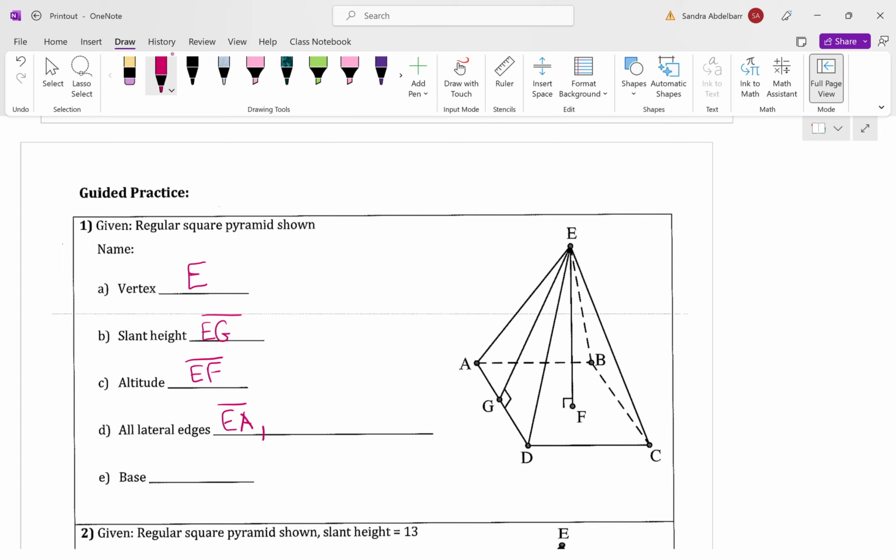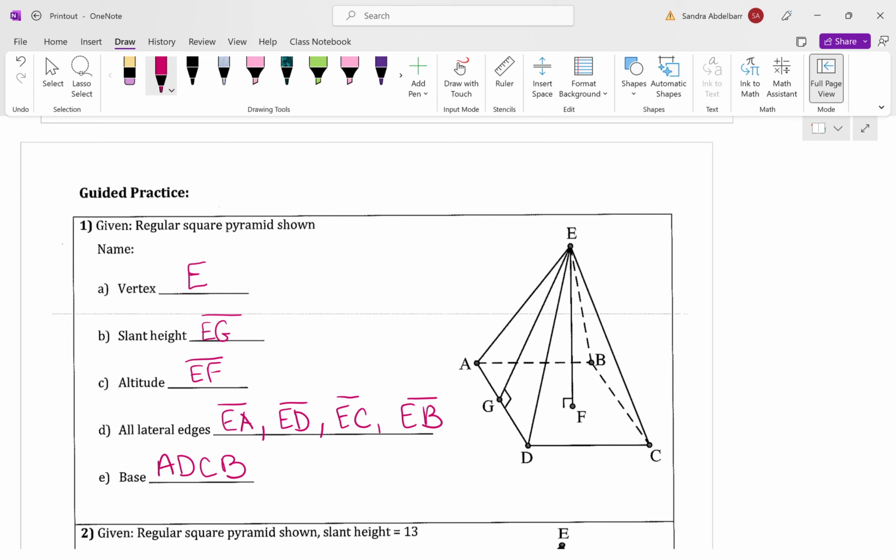So EA is one lateral edge. ED is another lateral edge. EC is the third, and EB is the fourth. Right, the base is a square, and that's going to be ADCB.